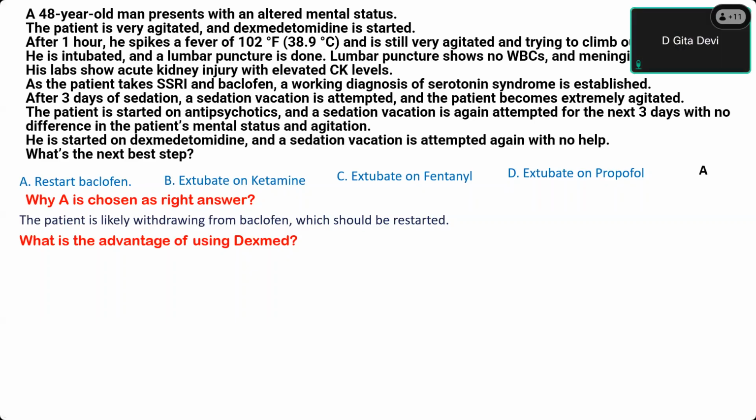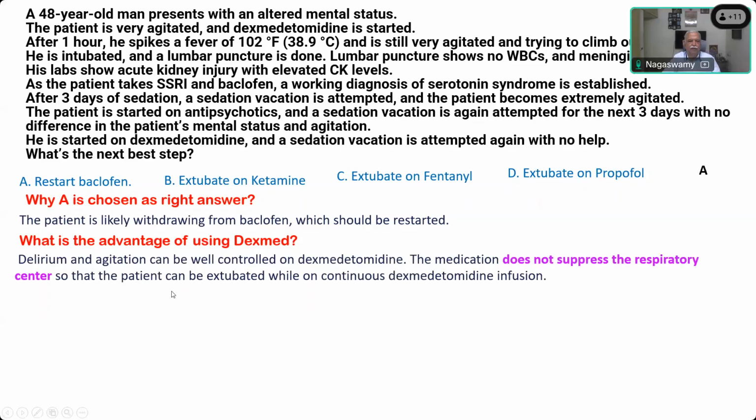Context-sensitive half-life is short, sir. Short. What about respiratory depression? Does not cause much. So the delirium and agitation are controlled on dexmedetomidine. The medication does not suppress the respiratory center, so the patient can be extubated while on continuous dexmedetomidine infusion also. Okay, that is the advantage.